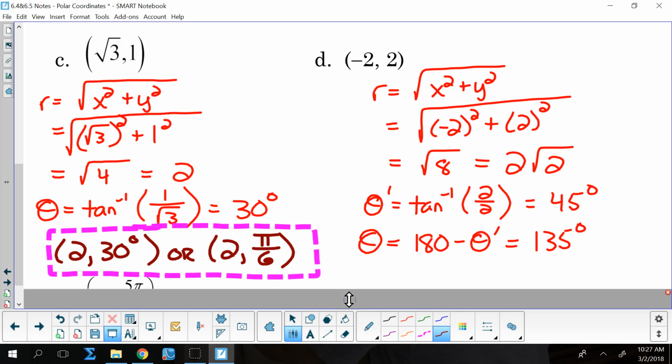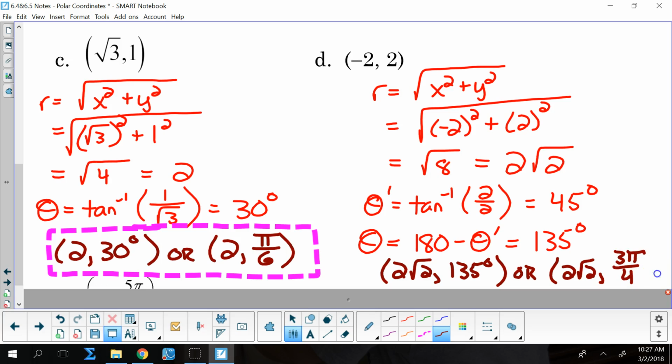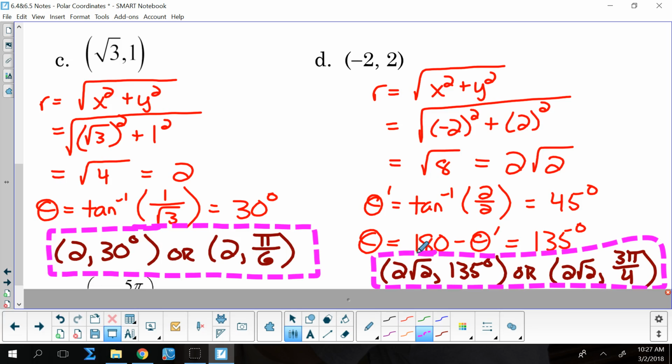So that gives me 2 square roots of 2, 135 degrees as the degree measure of that polar point, or 2 square roots of 2, comma, 3 pi over 4 as the radian measure of that point.